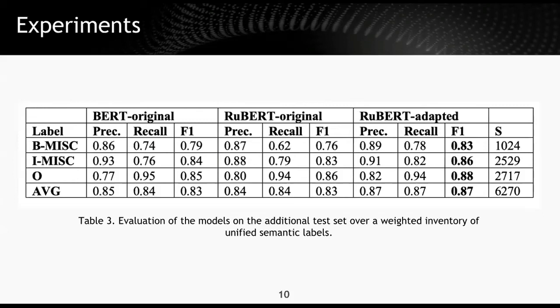The models are evaluated over a full inventory of semantic labels. We computed the metrics by taking the average over the weighted number of instances. In our work, we aim at extracting mentions of knowledge graph entities from texts. We are not interested in their semantic types, but this can be a useful feature for the ranking model.